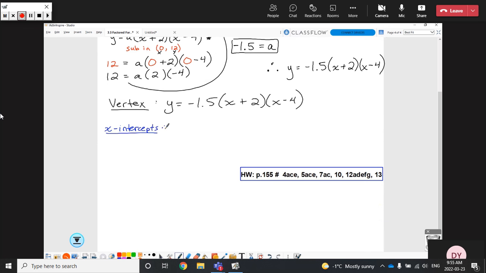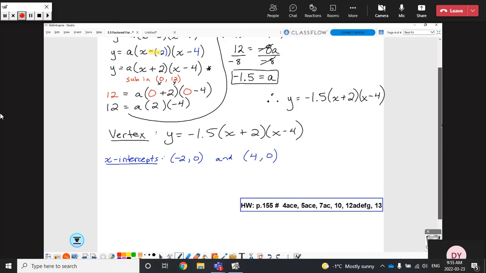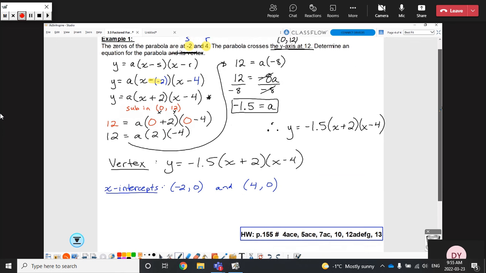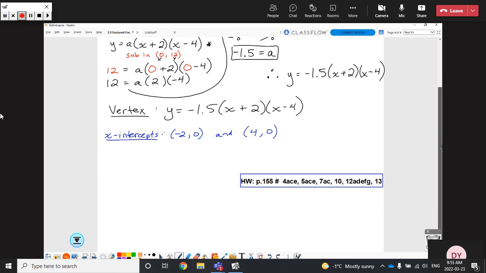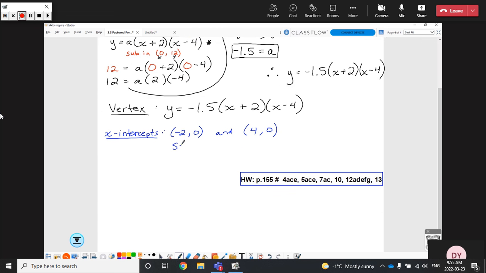The x-intercepts are at negative 2, 0, and 4, 0. We knew that from the original question here, right? They tell us s is negative 2, r is positive 4. Yeah, maybe we can even write that. S we know is negative 2, r we know is positive 4.